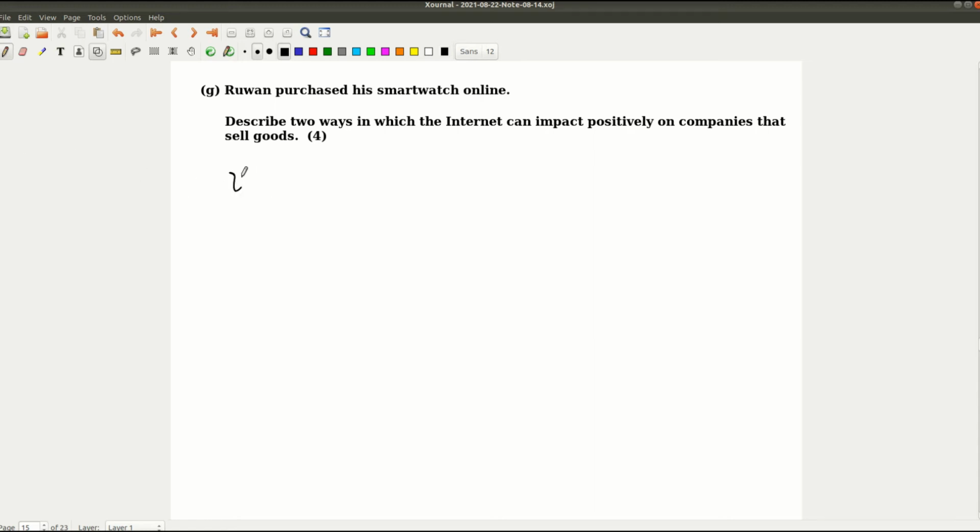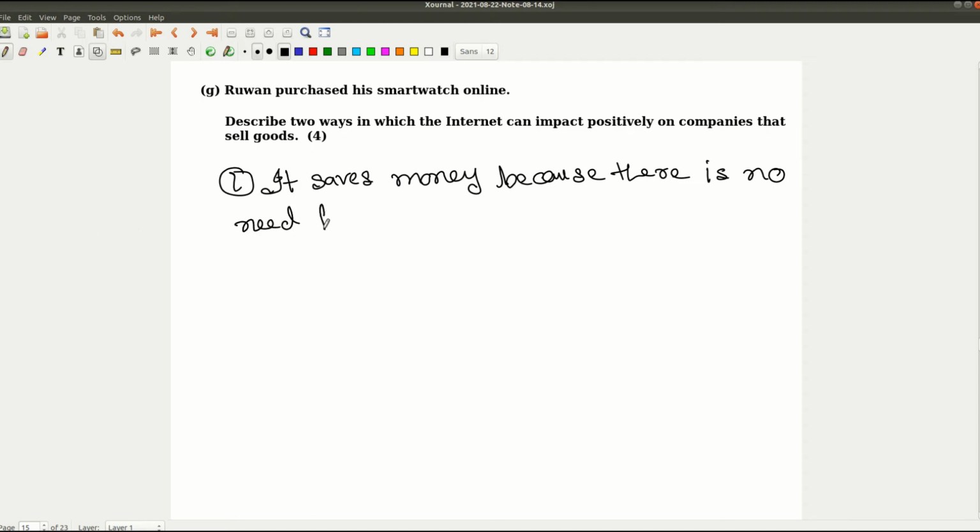First benefit is you don't need any space, right? It saves money because there is no need for physical shops.